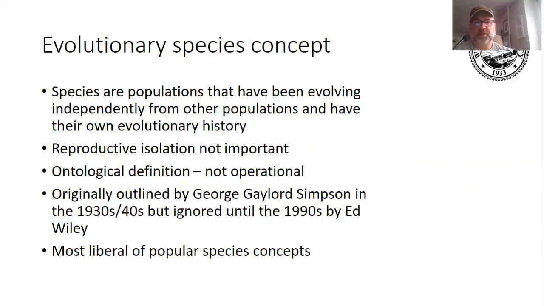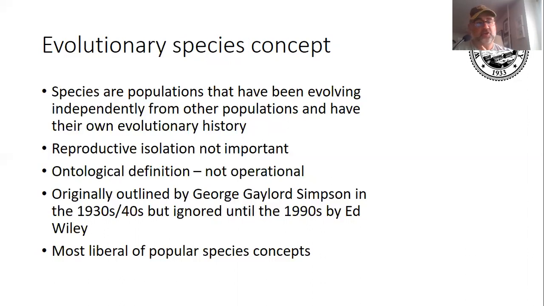And about the same time the phylogenetic species concept was replacing the biological species concept, the evolutionary species concept came on the scene. And that defines species as having their own evolutionary history and their own trajectory, meaning they've been isolated, and it looks like they're going to keep being isolated. And it doesn't matter if they've evolved new traits or not.